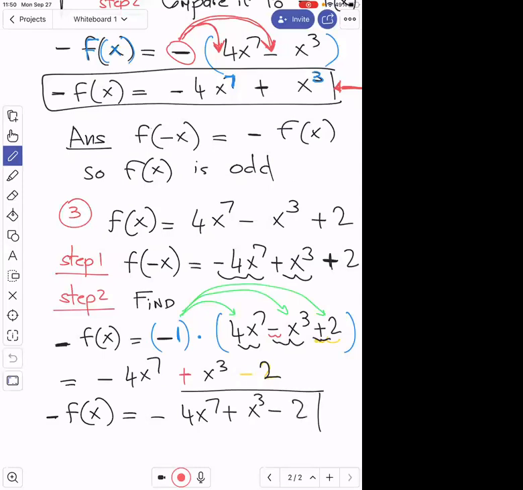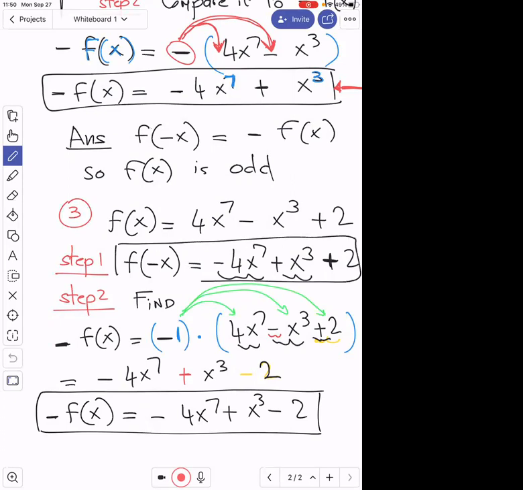And I'm done, guys. I'm just at 10 seconds. So that's my minus f of x, and I have to compare it to f of minus x. As you can see, the difference is there's this +2 in f of minus x, and here it's a -2. So they are not equal.